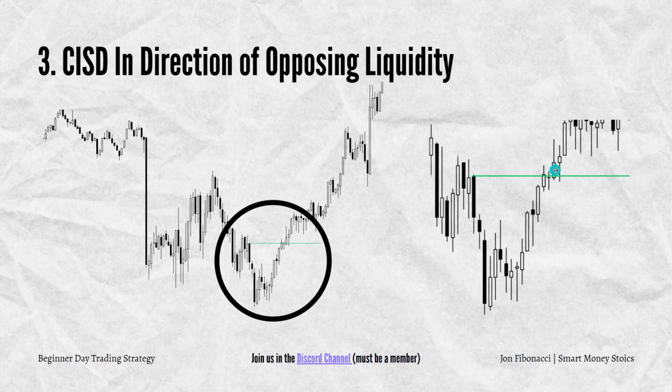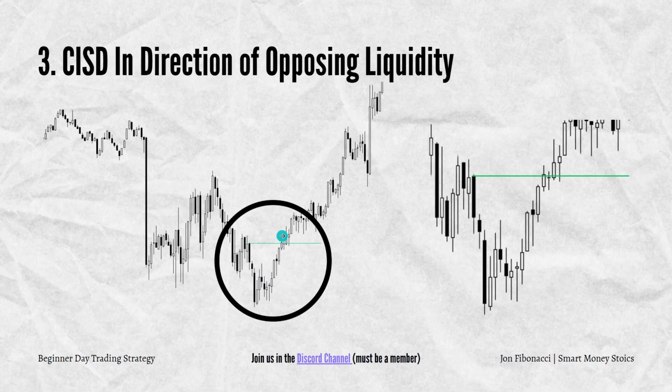So that return back into the down candle or down candle series is the entry that I want to take to go long, for an attack on opposing liquidity. So the market took the low, got traders out, and then we get a change in the state of delivery.